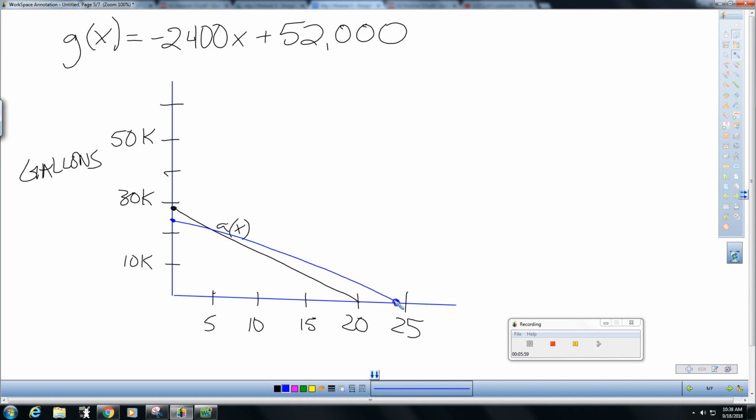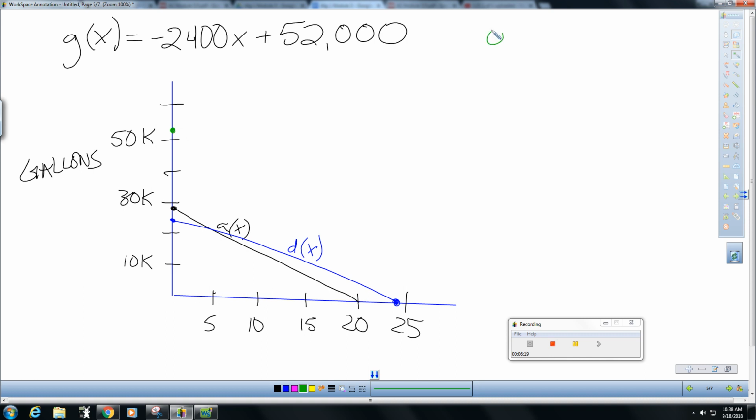So that is d of x. And now let's graph g of x in green. It goes from 52,000, and the slope is negative 2,400.